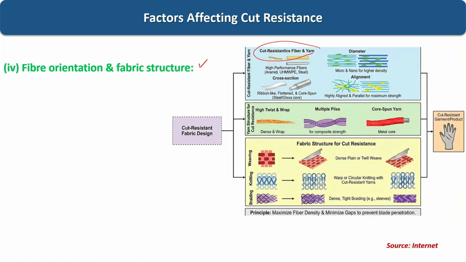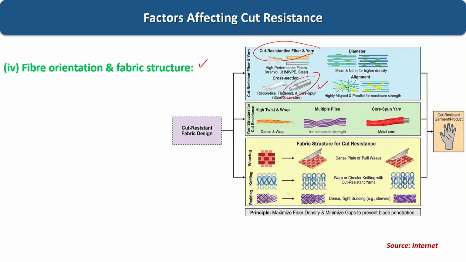Even in the yarn, we can manipulate different structures like core sheath structure, and get different directions.